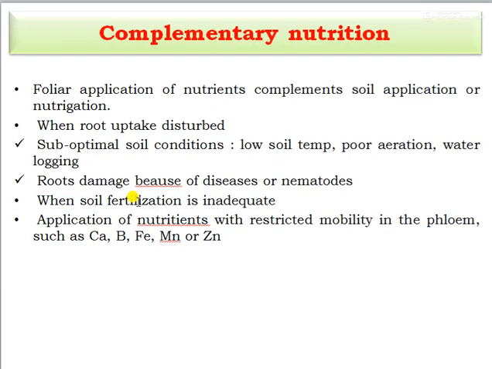We can see in detail. The first one is complementary nutrition. The foliar application of nutrients complements the soil application.